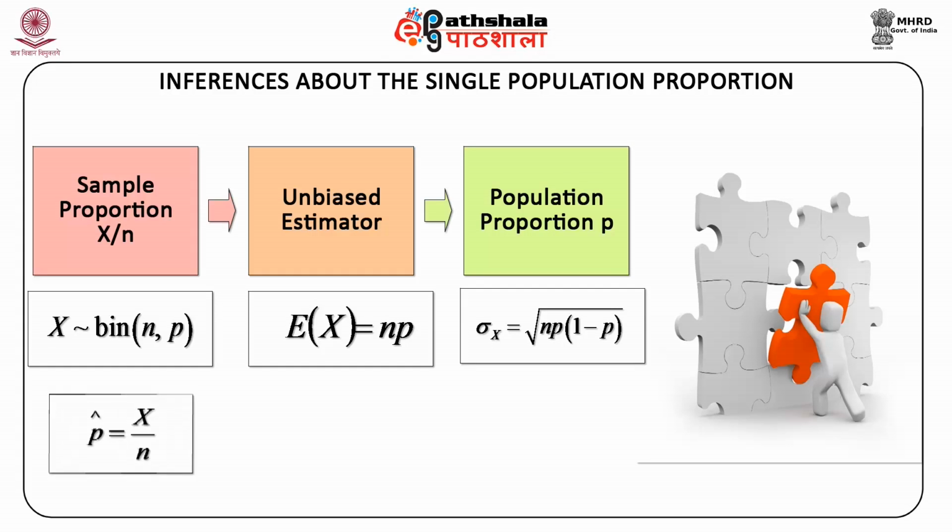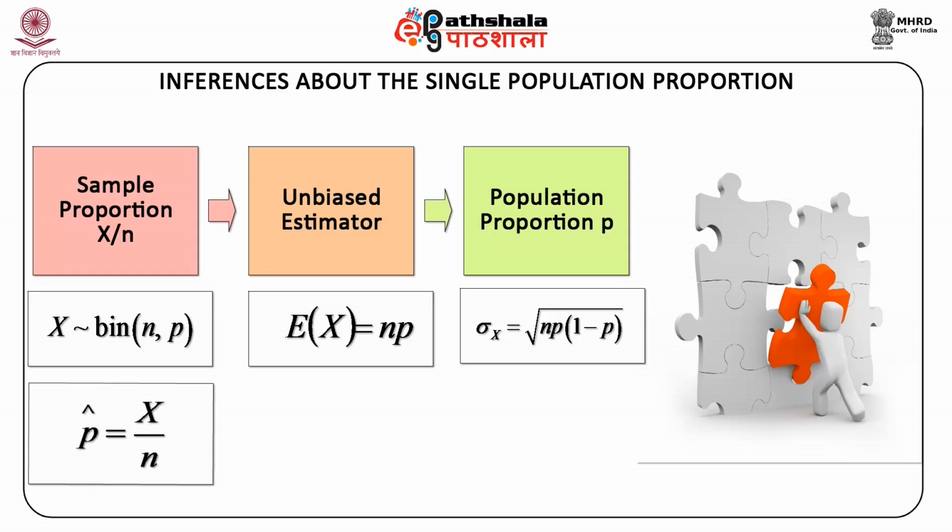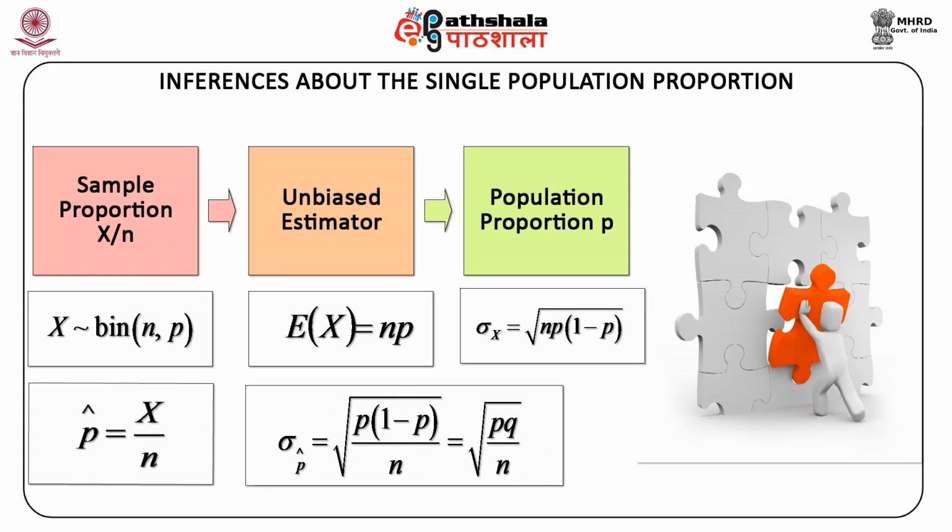This gives us p hat equal to x upon n and sigma p hat equal to the square root of p times 1 minus p upon n, which is equal to the root of pq upon n, where q is equal to 1 minus p.